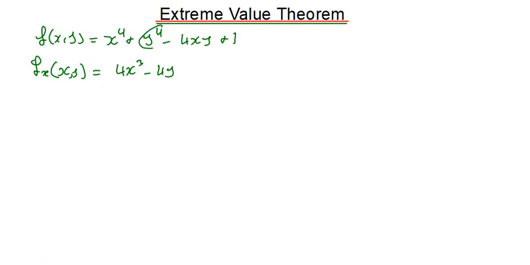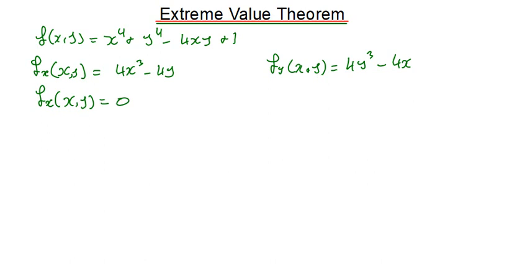I'm keeping the other variable as a constant, so it just becomes 0. Then f_y(x, y) is 4y^3 - 4x. Now to determine these critical points, I'll set the partial derivative with respect to x equal to 0, so 4x^3 - 4y = 0.